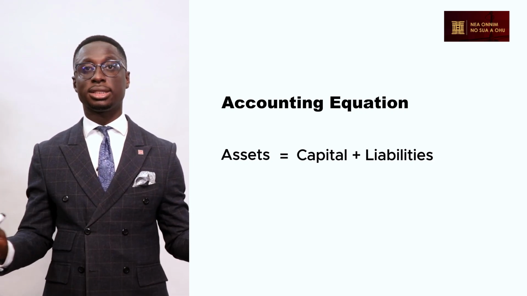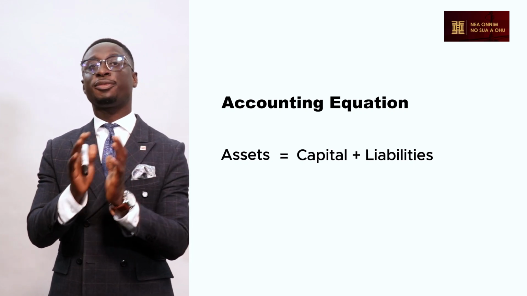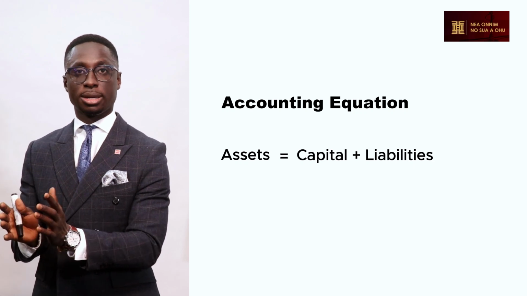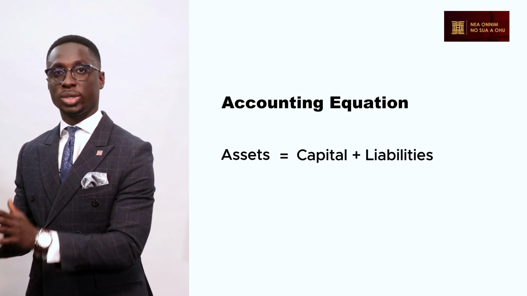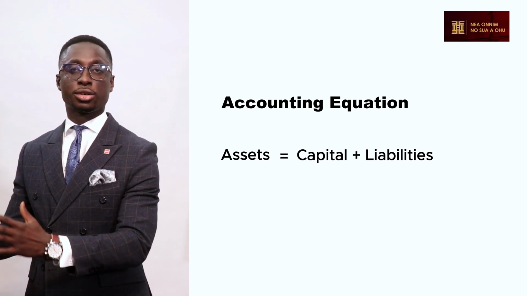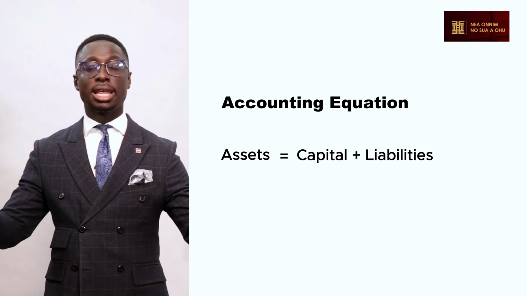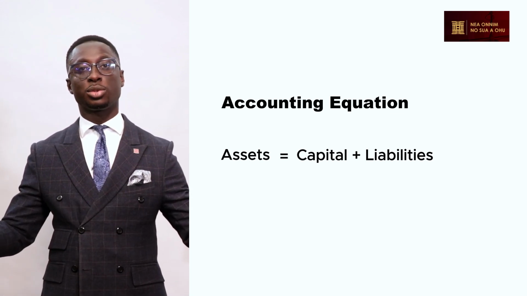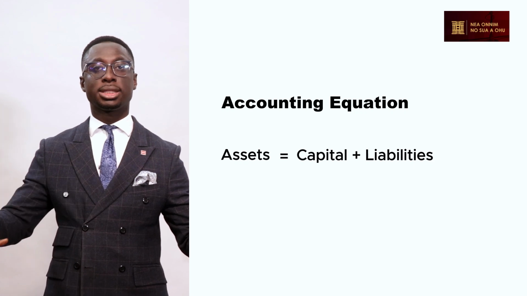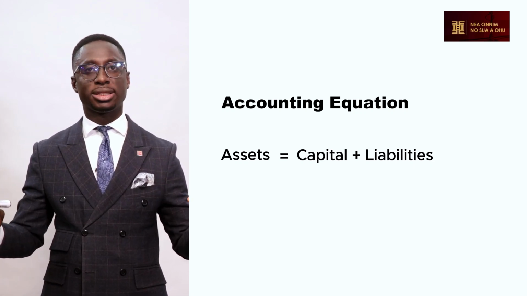As simple as that. The assets representing the company is financed by the contribution of the shareholders who are the owners of the company, and, which is the plus, the contribution or the loans and credits provided by the lenders and other creditors. That is the accounting equation. Assets equals capital plus liabilities. I hope this story makes sense and you remember it.